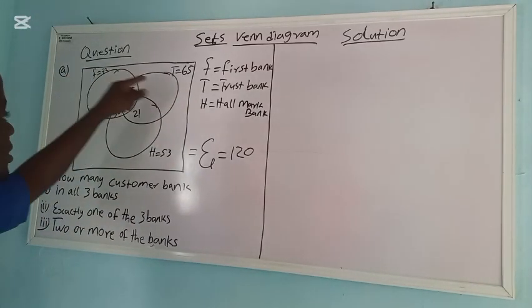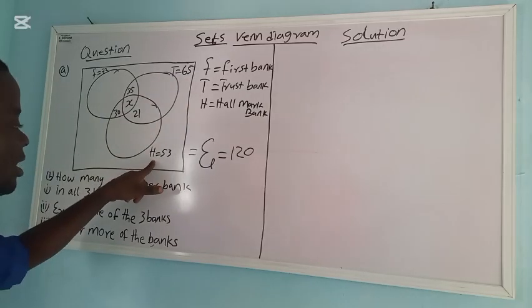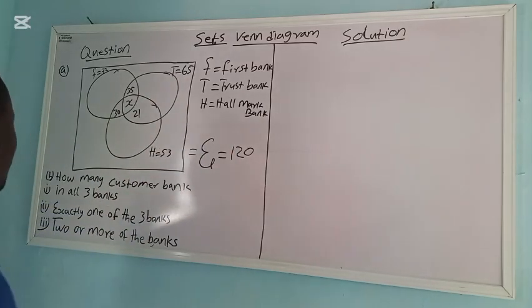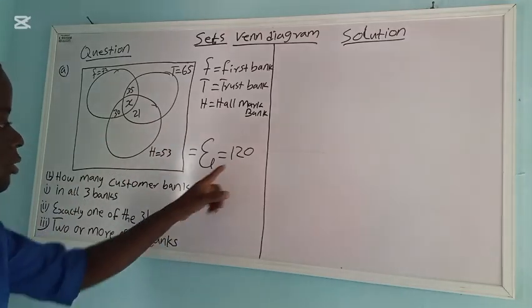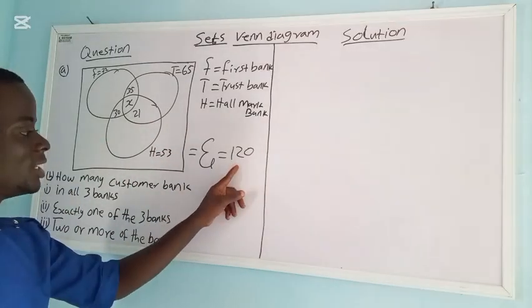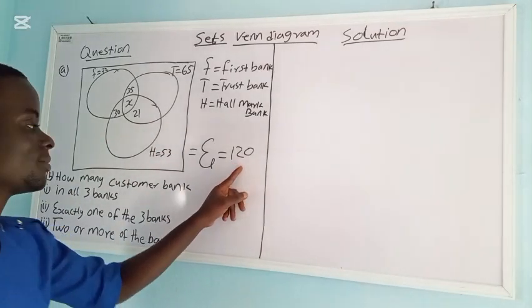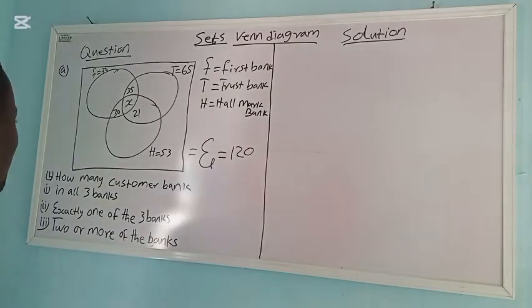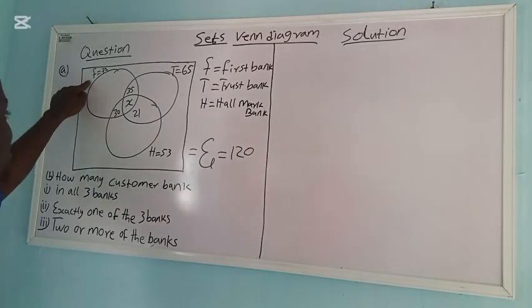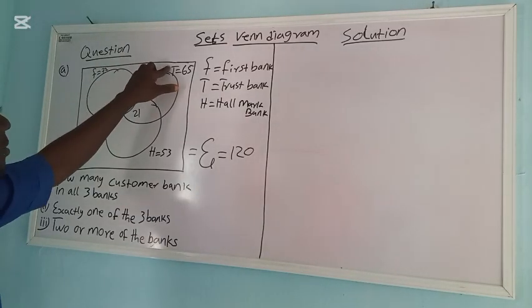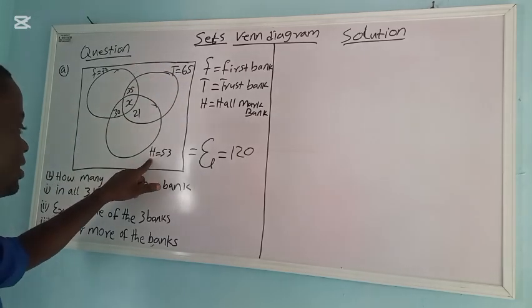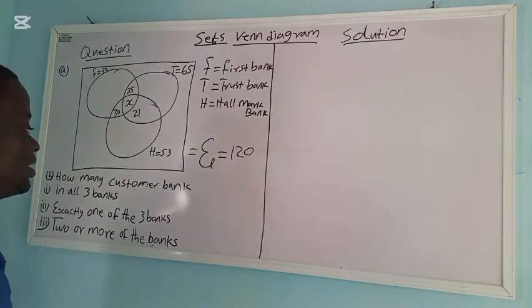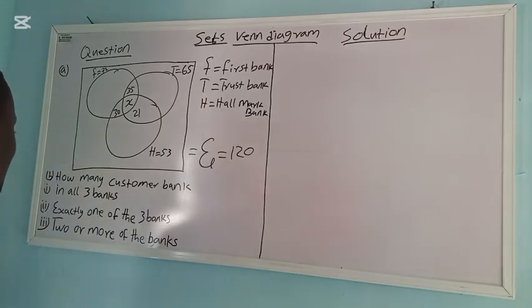This is the First Bank, this is the Trust Bank, and this is the Hallmark Bank. Now, after I have put everything here, the total number of people is 120 people in a community. 72 use First Bank, 65 use Trust Bank, and 53 use Hallmark Bank.